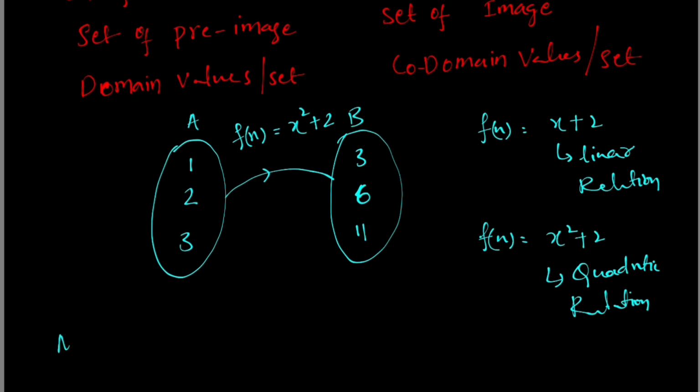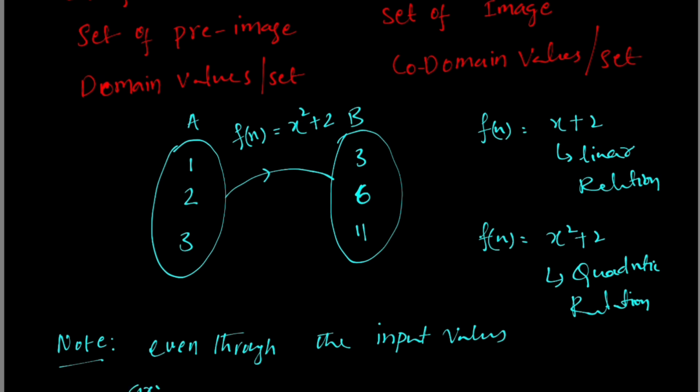So it all depends on it, and we are supposed to make a note: even though the input values are the same, the output is dependent on the given relation, and the relation is given in terms of f of x.